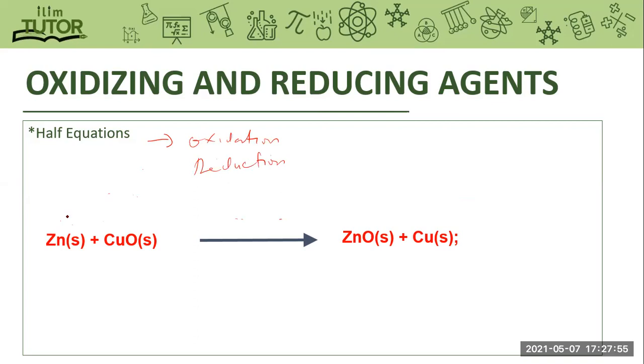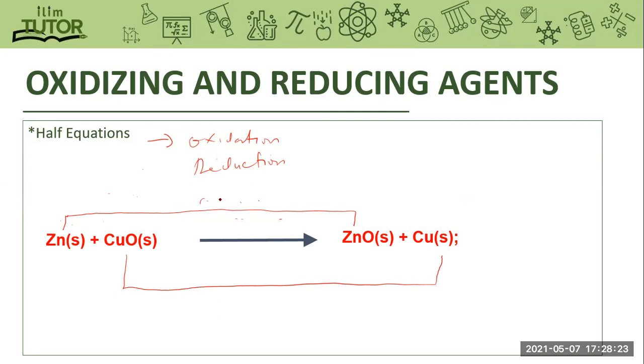So let's try to split this. If I move from zinc to zinc oxide, and I move from copper oxide to copper. So the question I'll be asking myself is, which of these is oxidation, which one is reduction? Let's start from zinc. Okay, zinc is oxidation. Why? Addition of oxygen.